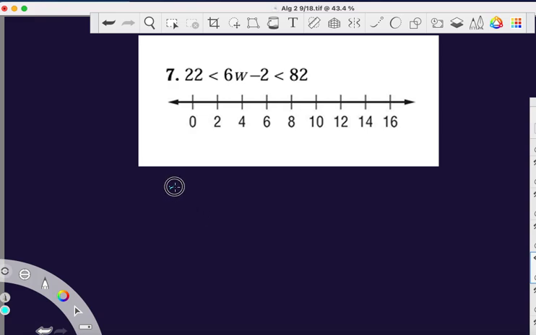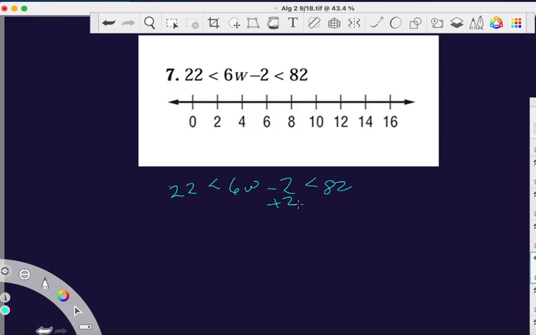If I write it out, 22 is less than 6W minus 2, which is less than 82. Good? What do we do? Let's go ahead and add 2 to both sides.